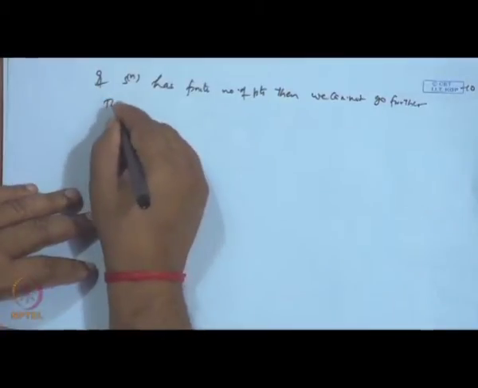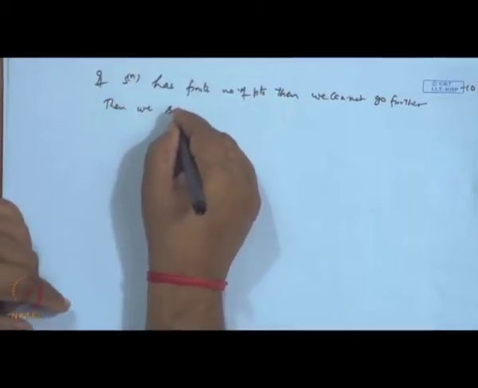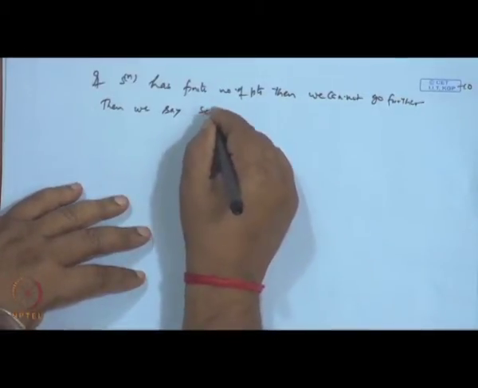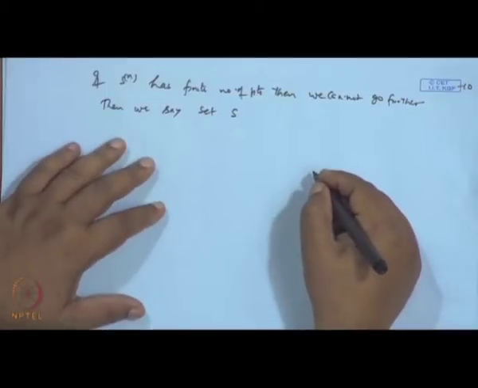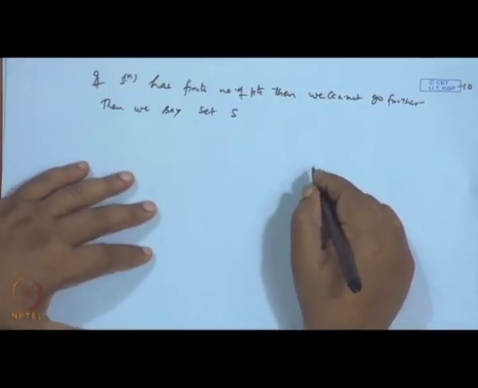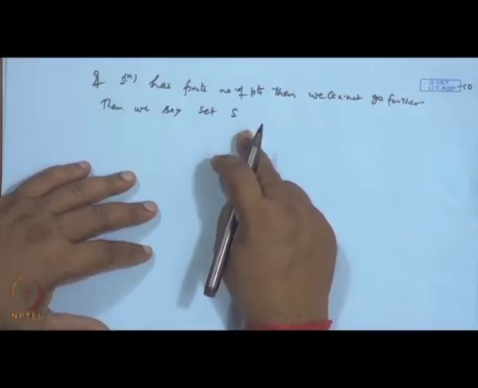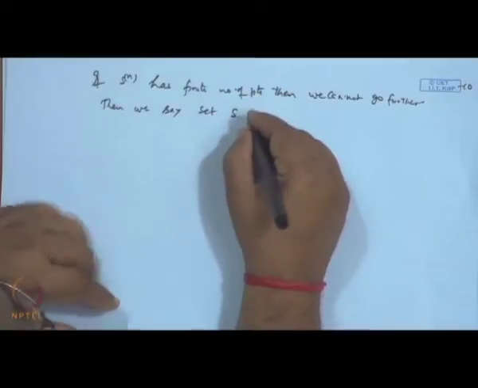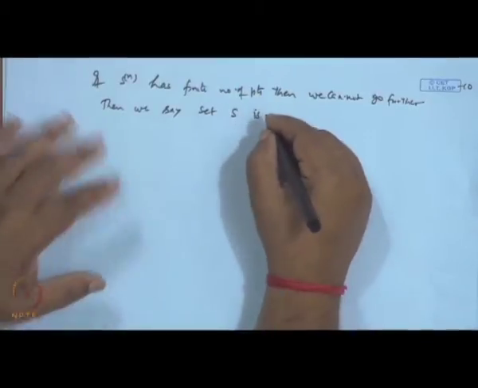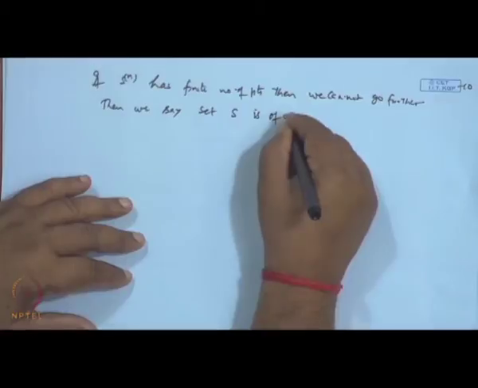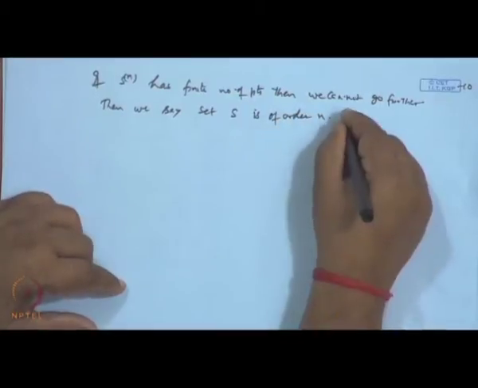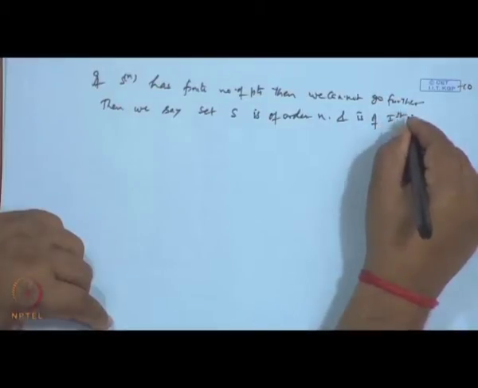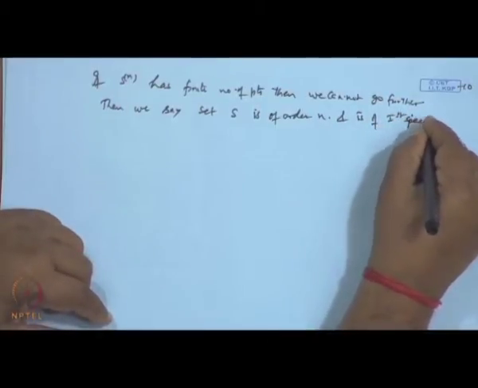Then we say that the set S is of order n, and is of first category, that is, first species.